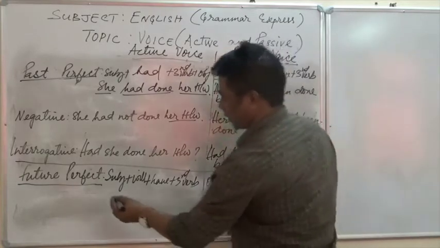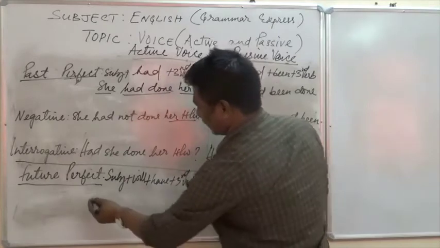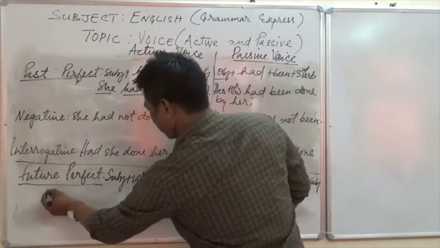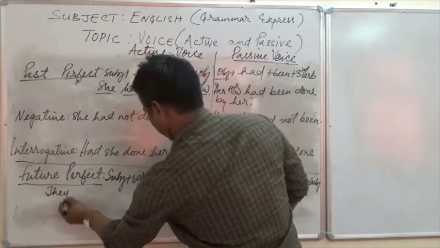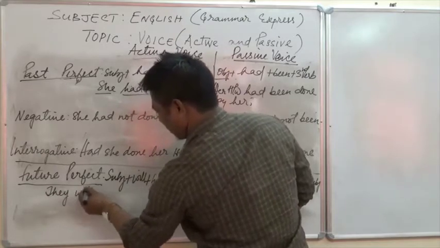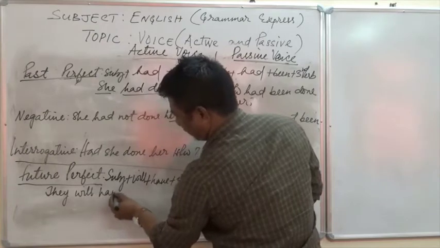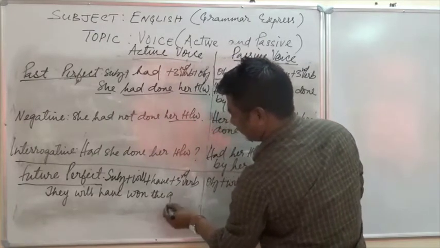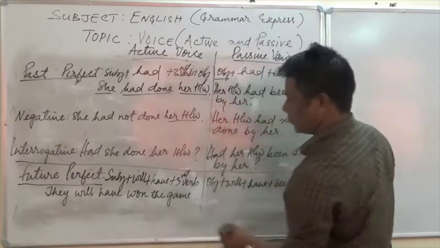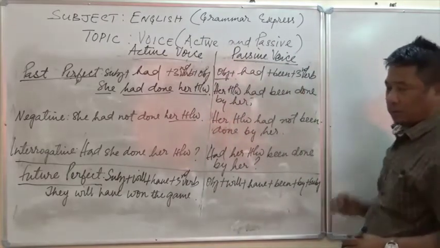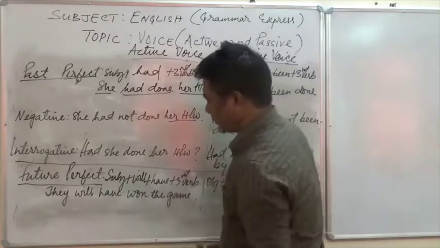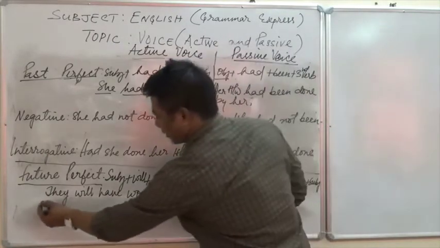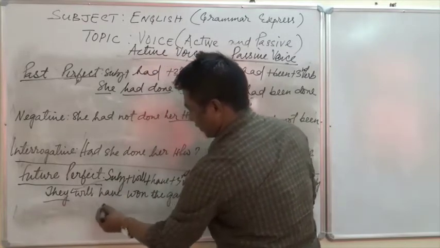So let's take one sentence here. They will have won the game, let's say. So let's break it up by asking what is the subject? They. What is the verb?